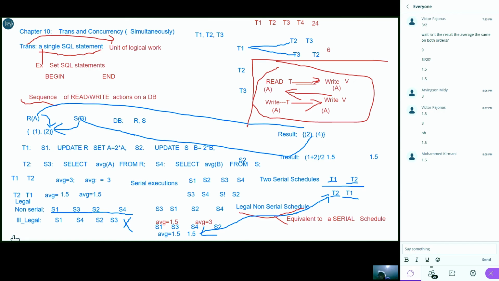There is some very big stuff in the part of the DBMS. What do you think it's called? Concurrency control.